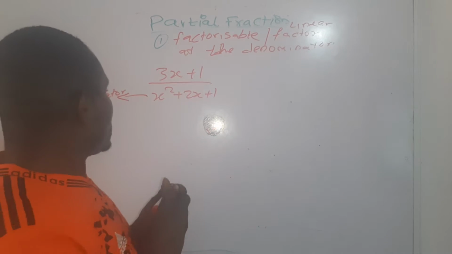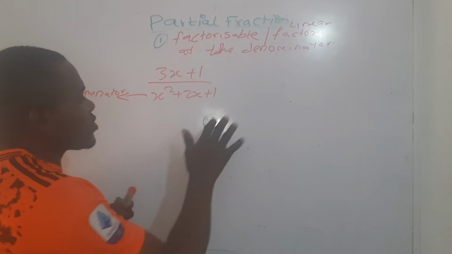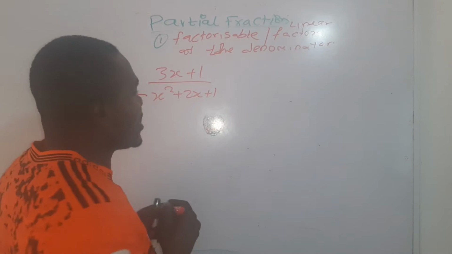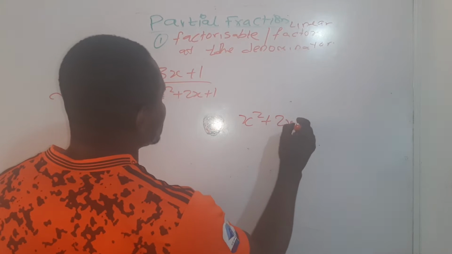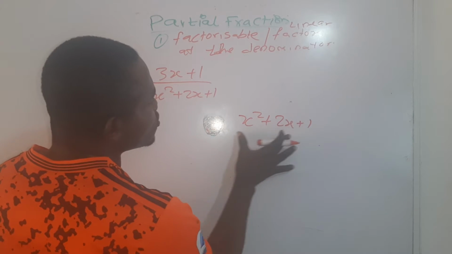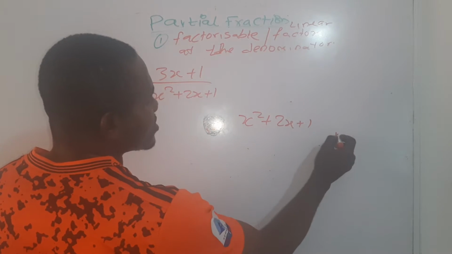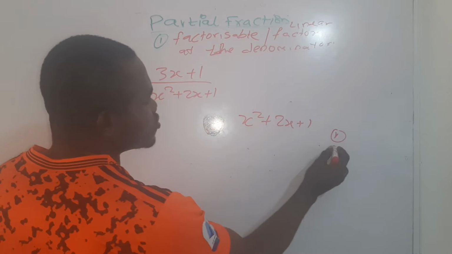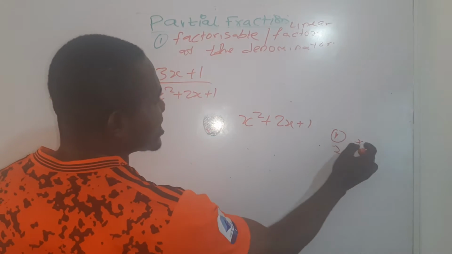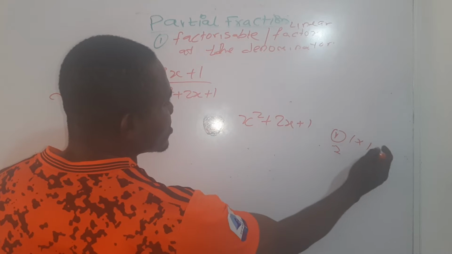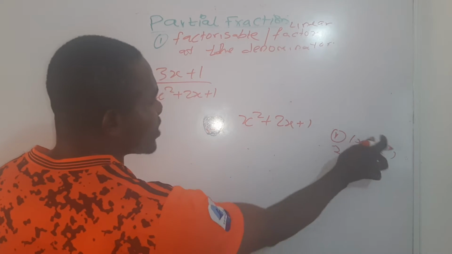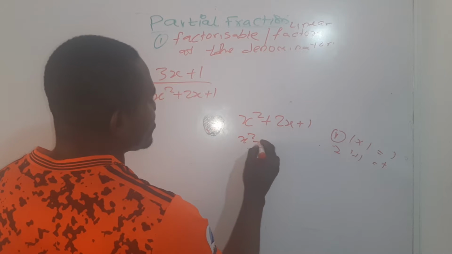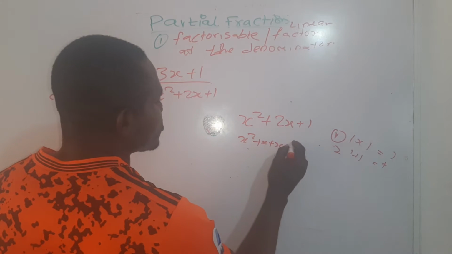So let's see how we factorize this. Maybe one of these days I'm going to teach on how you factorize, so just bear with me the way I'm going to do it now. Plus 1 means 2 numbers I multiply to get 1, and if I add them, I get 2. So 1 times 1 will give me 1, and 1 plus 1 will give me plus 2. So I can use 1 and 1. So s squared plus s plus s plus 1.